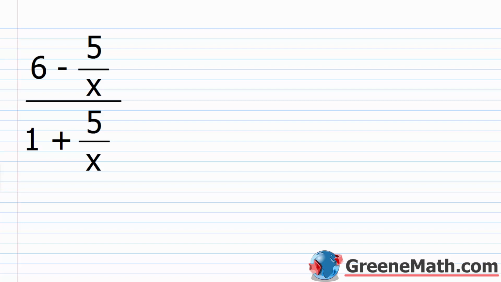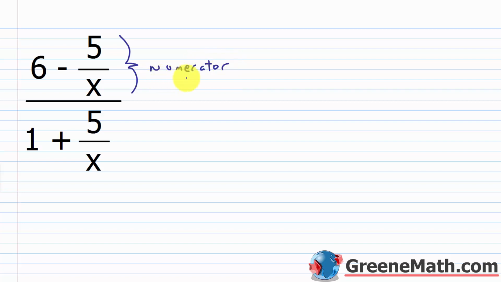There's basically two different methods you can use, one that I would consider to be a little bit slower and one that's a lot faster. So if I have something like 6 minus 5 over x, and this is over, we have 1 plus 5 over x. Let's first just identify the numerator of this complex rational expression, just so we can refer to it.